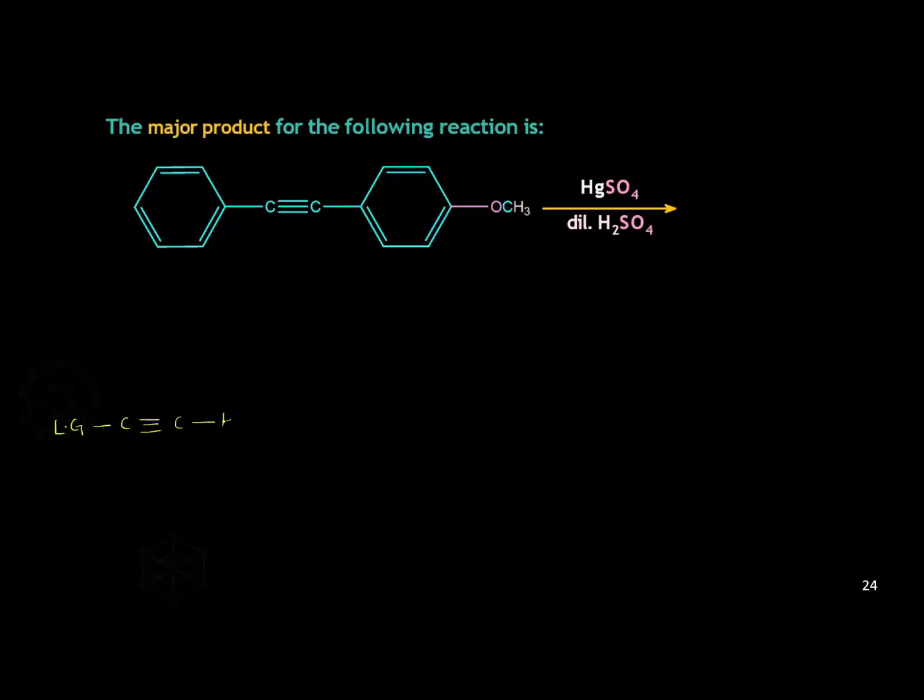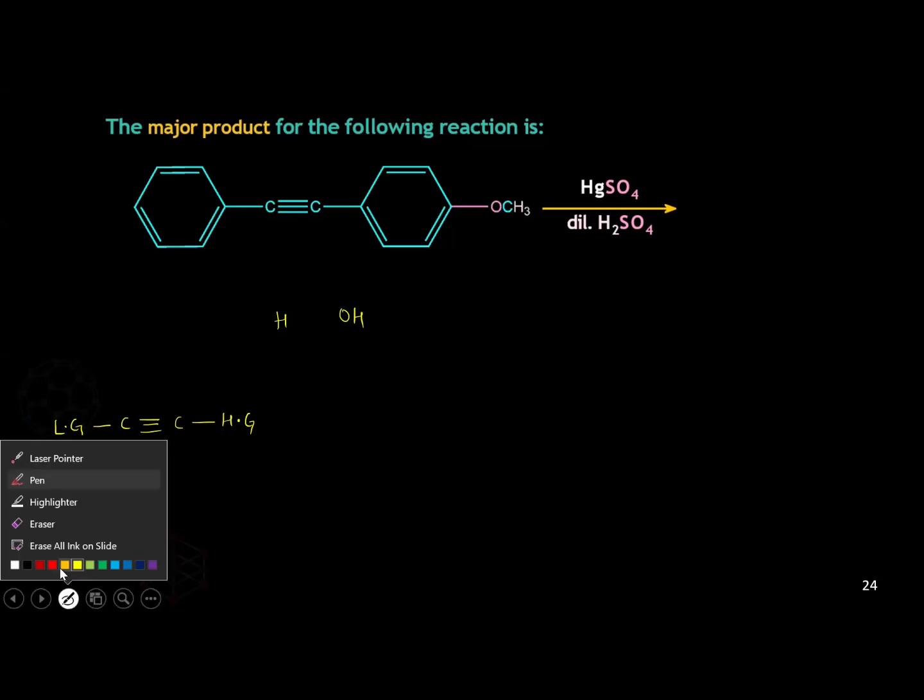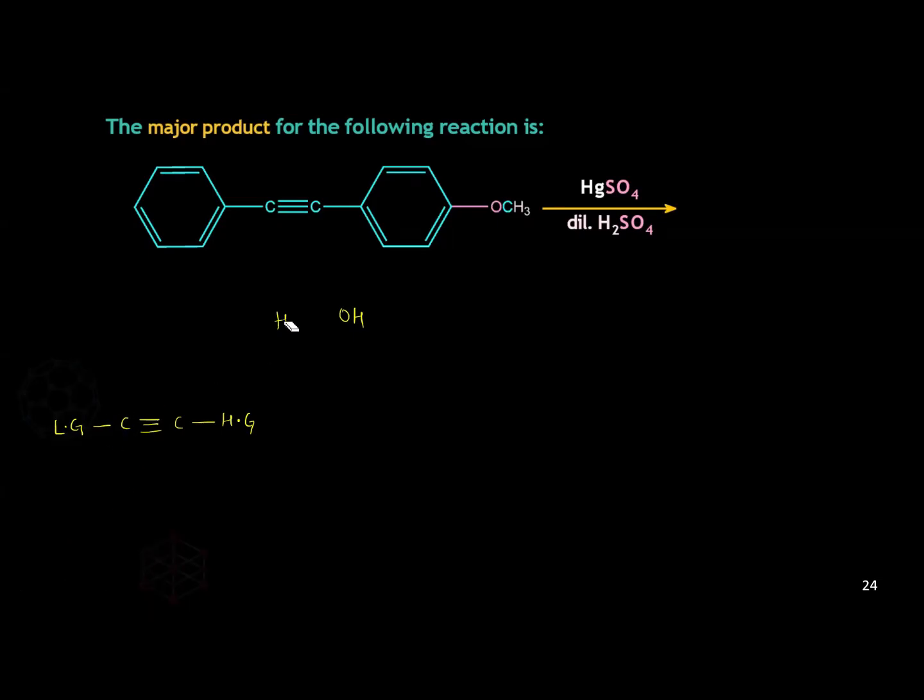Instead of all this, I'm just putting a heavier group, and I'm mentioning that on my right side the heavier group is present, and on my left side the lighter group is present. So to the carbon, now whatever the H and OH are there, to the carbon which is having the lighter group, the hydrogen will go and attach. Here the lighter group is this carbon, so hydrogen will go and attach here.